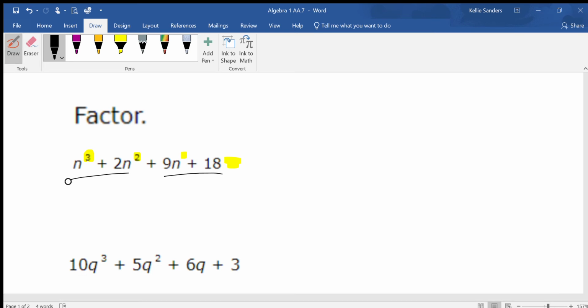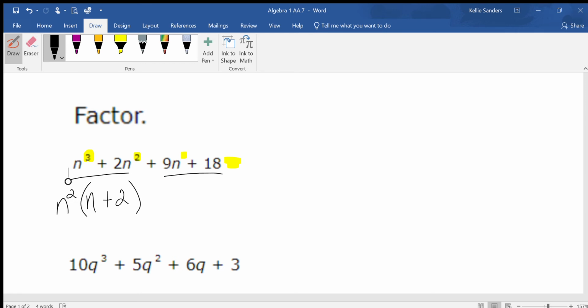So into the third, I have 3 n's. Into the second, I have 2 n's. So what's the most amount of n's that I have in both? 2 of them. So we're going to take 2 n's away from each term in the first line. So I'd have an n left, and I'd have a 2 left.